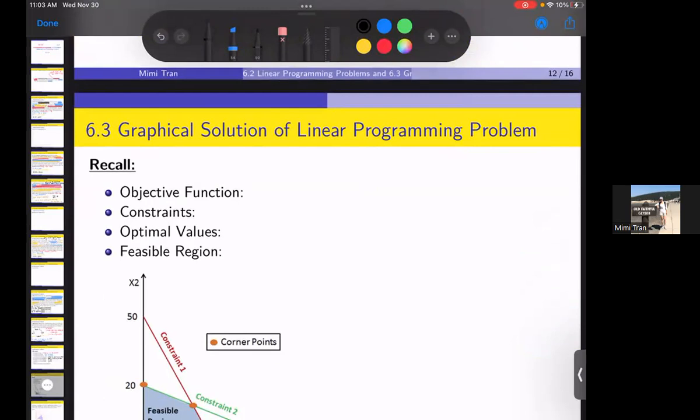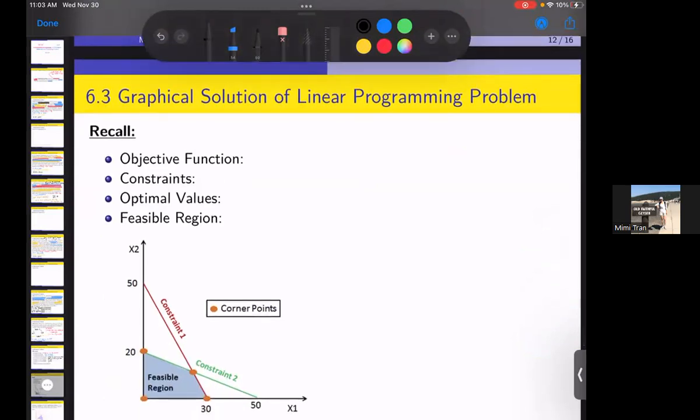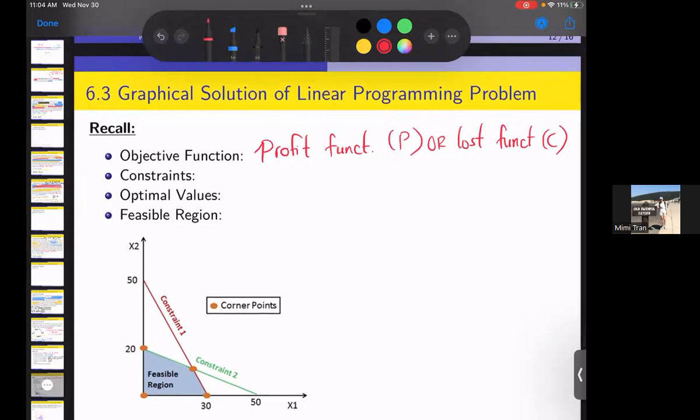But before we do that, I'd like to remind you of some terms. Objective function. Do you guys remember this? It's either the profit function, which we denote P, or P of x, y, or the cost function, which we denote capital C. Constraints are just inequalities.